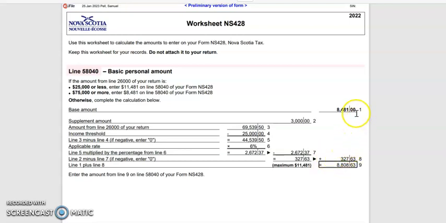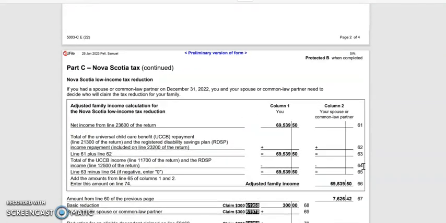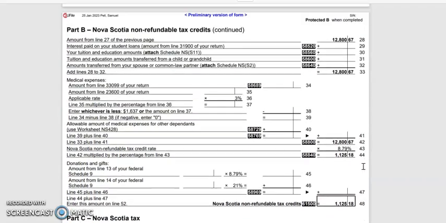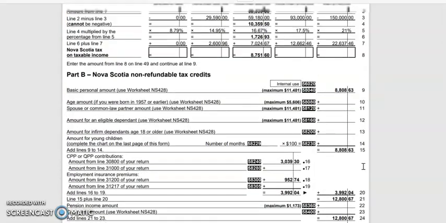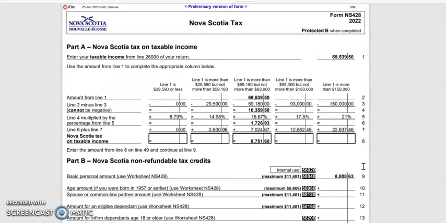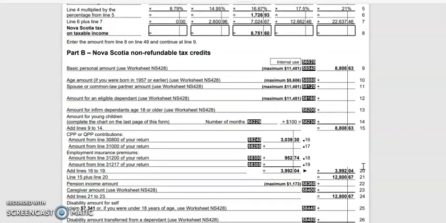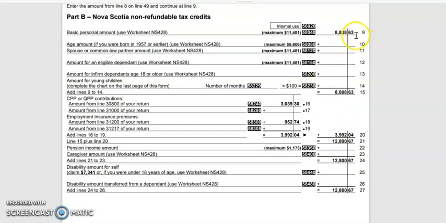Carry that over, add that to your 8481 to give you the amount for your basic personal amount, 8808.63. So we carry that up here, which is your 8808.63 for your basic personal amount.